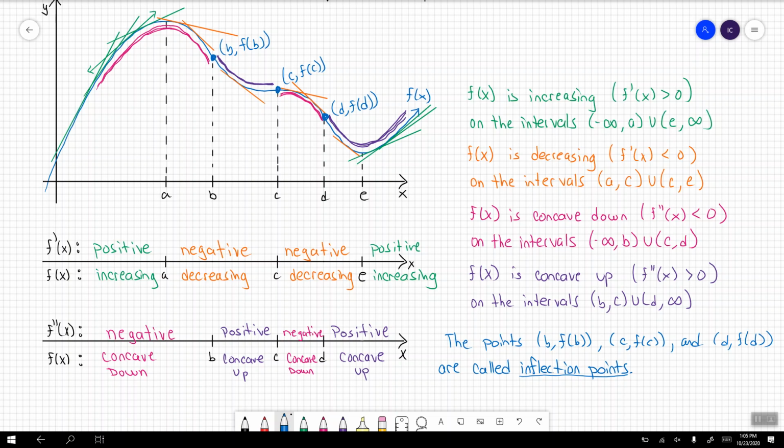If the critical value that we extracted has the same sign on both sides, meaning to the left of C it's negative and to the right of C it's negative, then nothing is occurring there, at least when we're talking about maximum or minimum values.